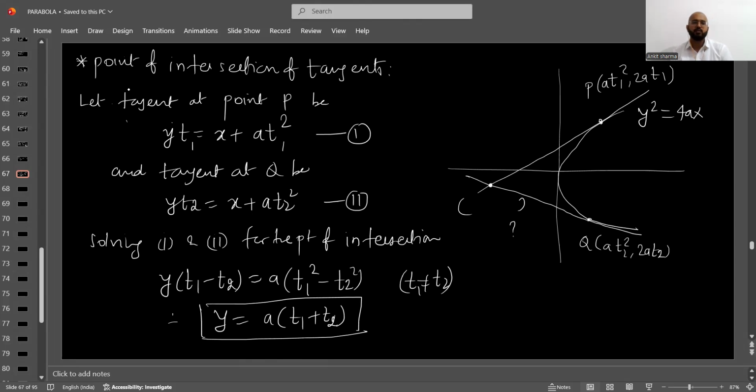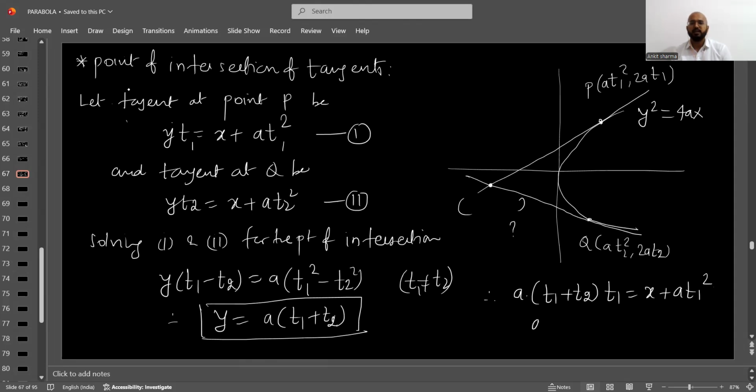Now this y I can plug into any of the equations to get my x. So I have a into t1 plus t2 into t1 is equal to x plus at1 square.